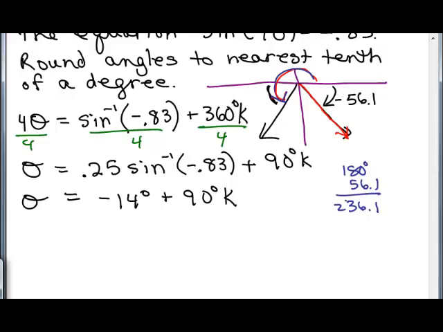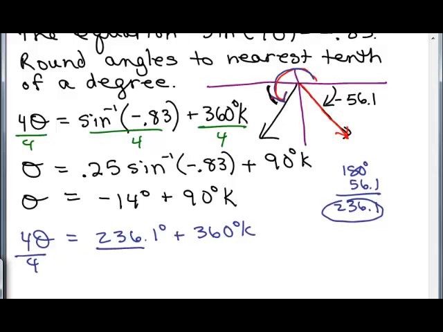Okay? So that's 236.1. But remember, that's what 4 theta is. So we have to start out again. 4 theta equals 236.1 degrees plus 360 degrees K, and divide everything by 4.